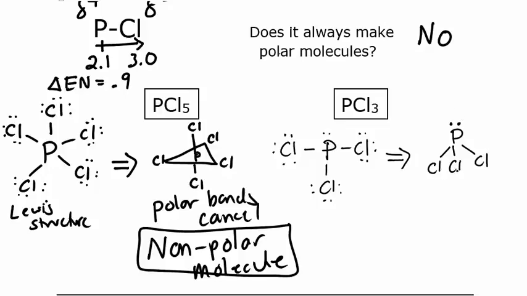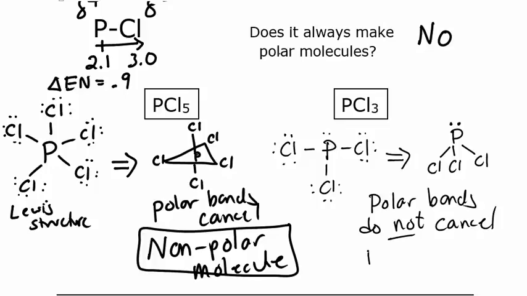In that case, the PCl bonds do not cancel because all of the ones that are there are in the general direction of down, the way I've drawn it. There's no chlorine above to cancel those bonds. So in this case, the polar bonds do not cancel, which yields a polar molecule.